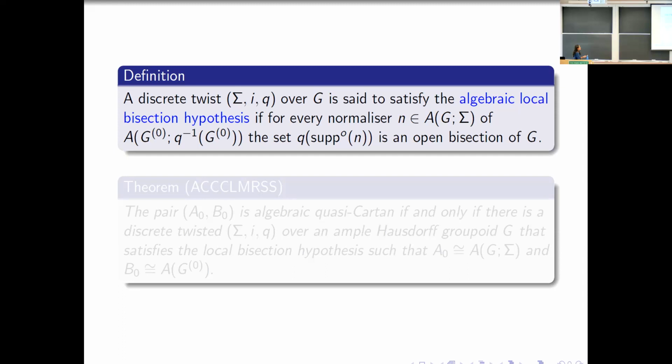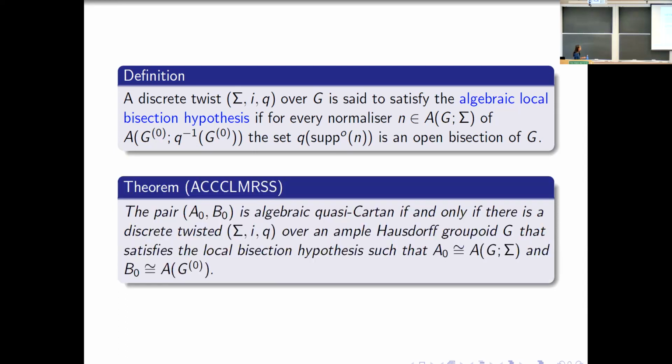This hypothesis simply says that if I pick any normalizer from my bigger algebra, we can look into the open support of this normalizer. In order to fit back to the original Steinberg algebra or twisted Steinberg algebra, I look at the Q image of the support on the original groupoid G. As long as this open support under the map Q is an open bisection, then I say this twist satisfies the local bisection hypothesis.